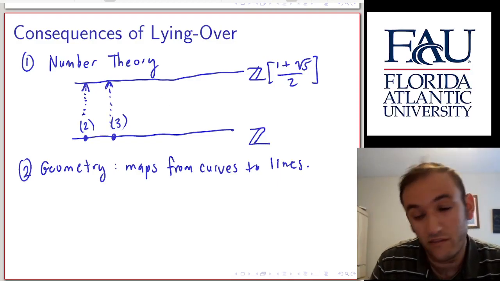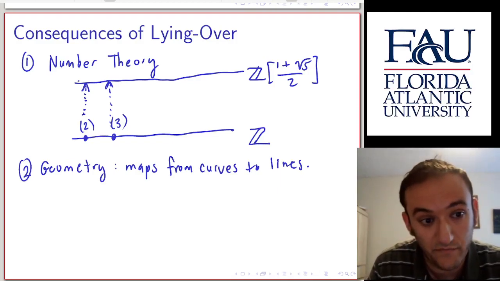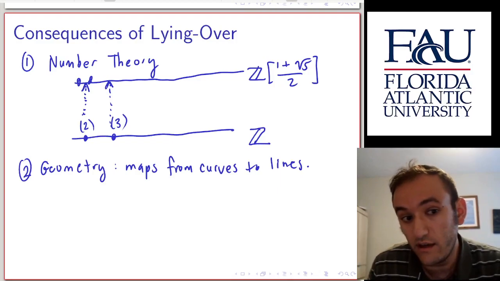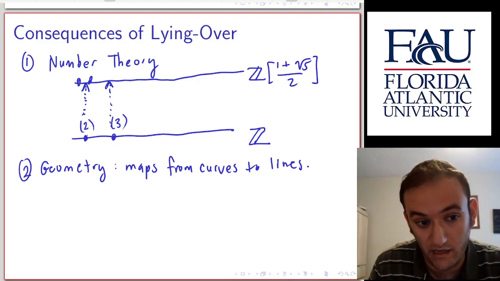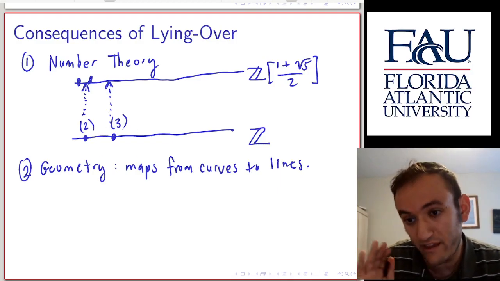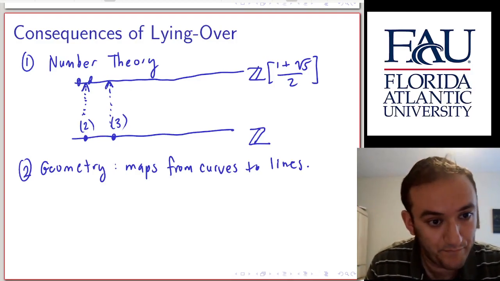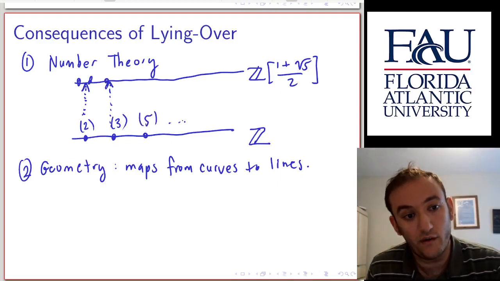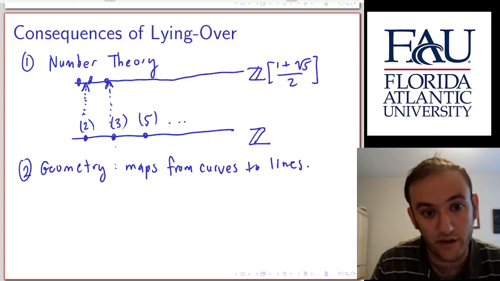Okay? There might be multiple such prime ideals, you know? You could have two different prime ideals corresponding to a given prime down here, but you know that it's not going to be an empty set. Okay, so that's what lying over means for us in number theory.